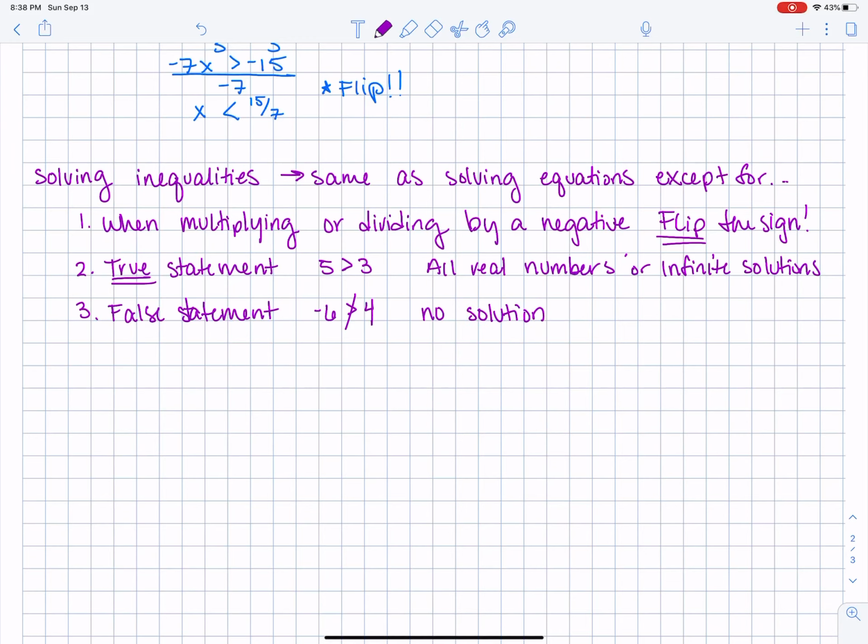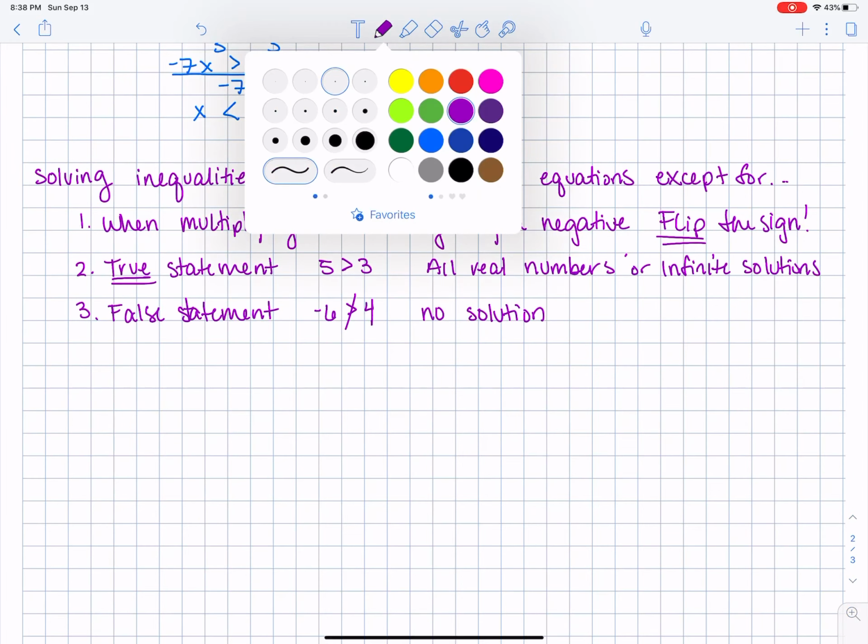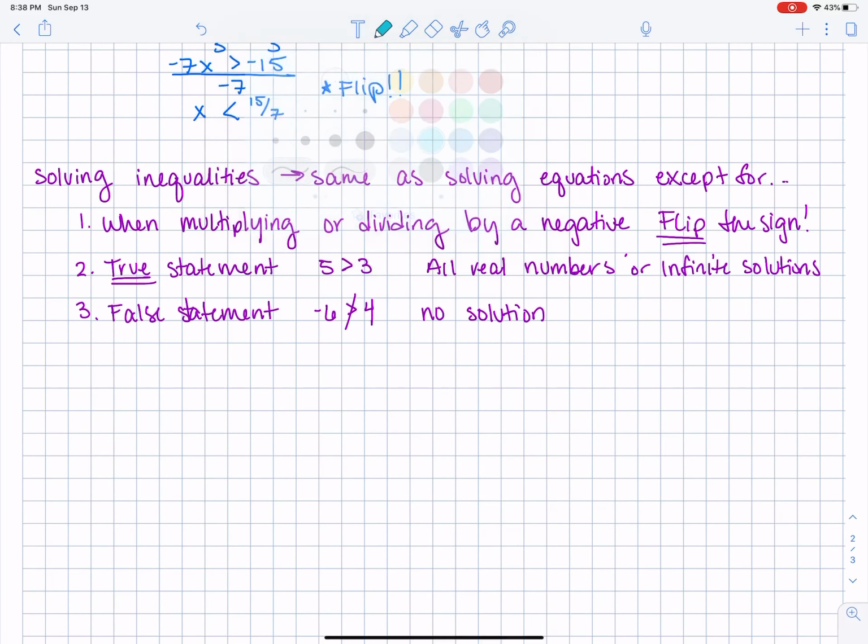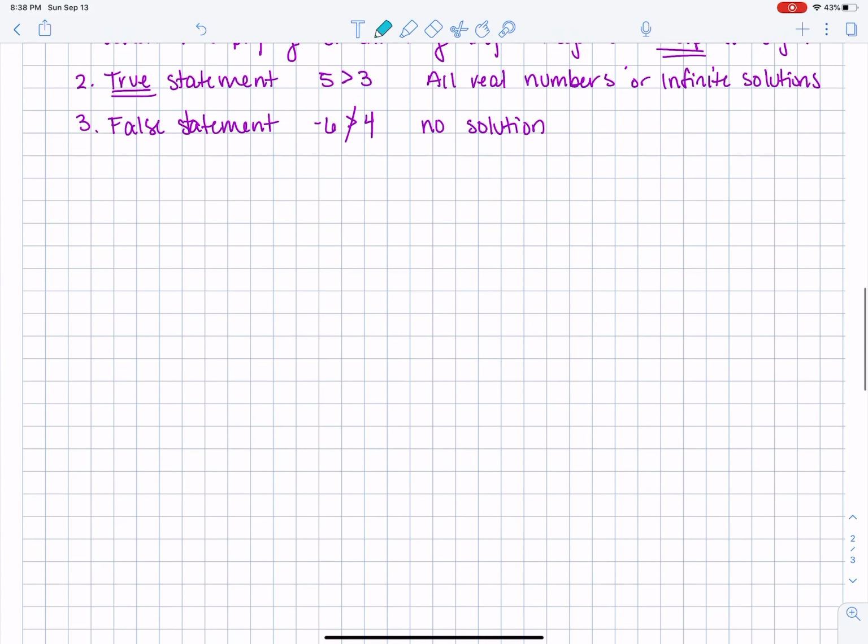So just to give you one example of these, we'll go back to blue here. Kind of an example on this one is that if you have 18x minus 2 is less than 6 times 3x plus 4, you would get 18x minus 2 is less than 18x plus 24. When you minus 18x from both sides, you get negative 2 is less than 24.